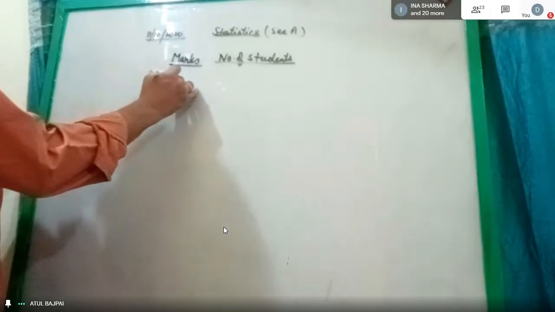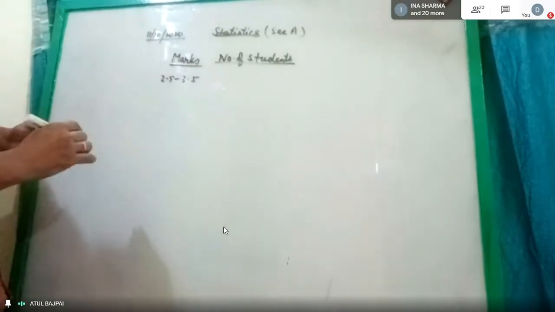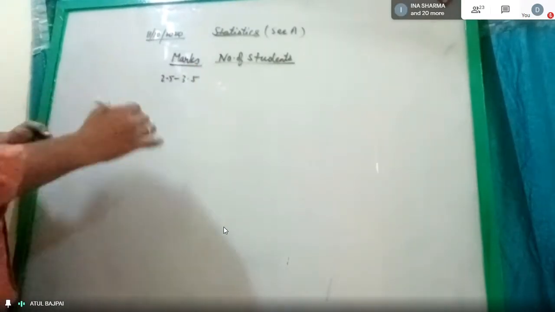Write down the question. 2.5 to 3.5, 3.5 to 4.5, continue till 8.5.